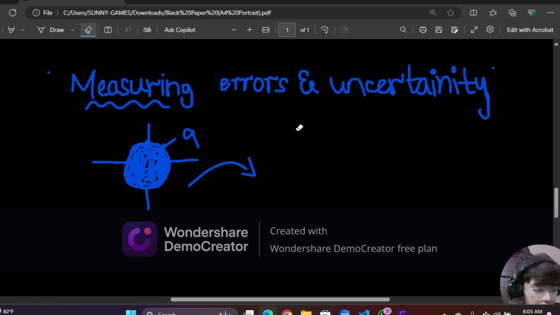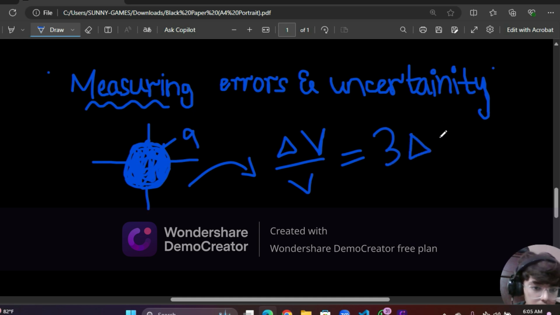Now, how do we get this thing? If I talk about volume and delta volume, which I talked about in my recent video, we multiply it thrice by the delta radius and its radius itself.